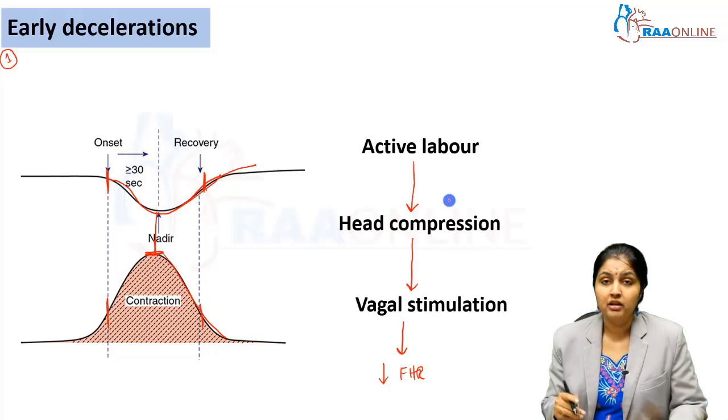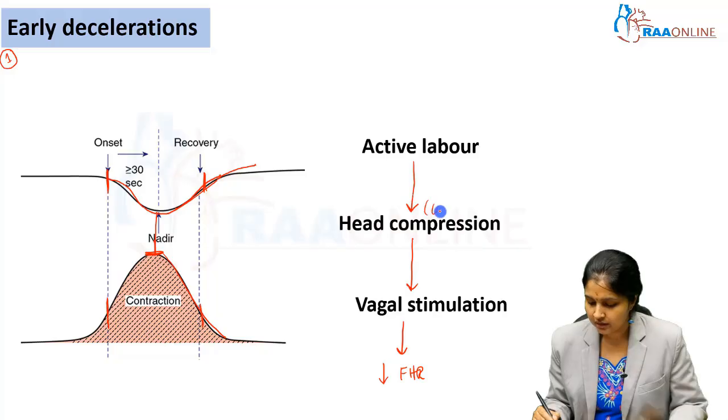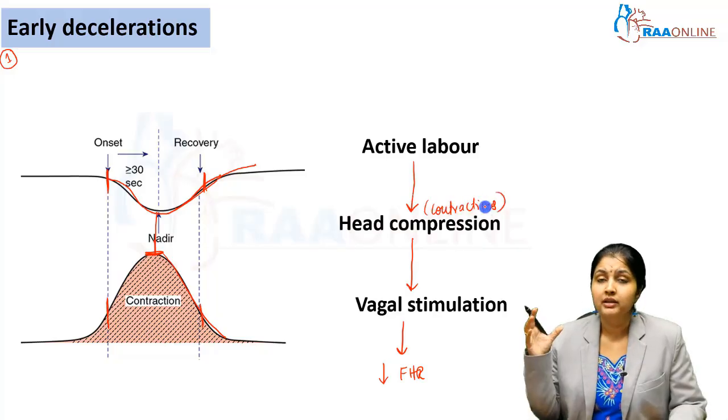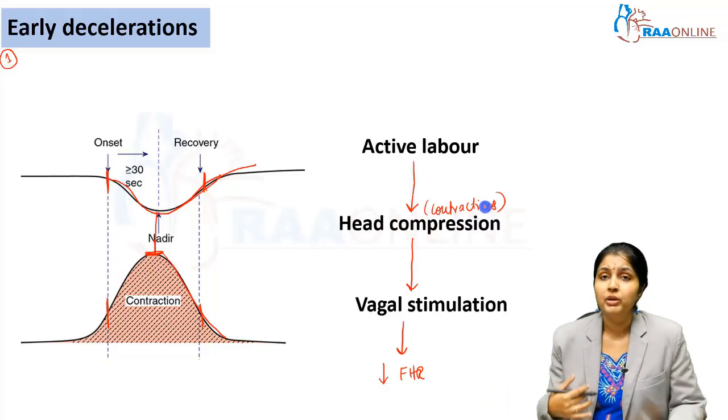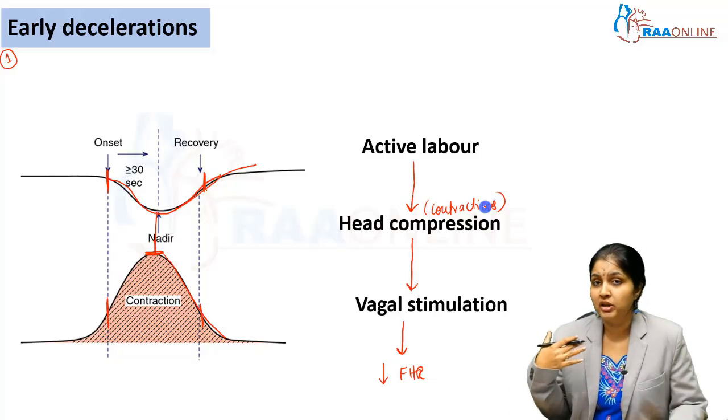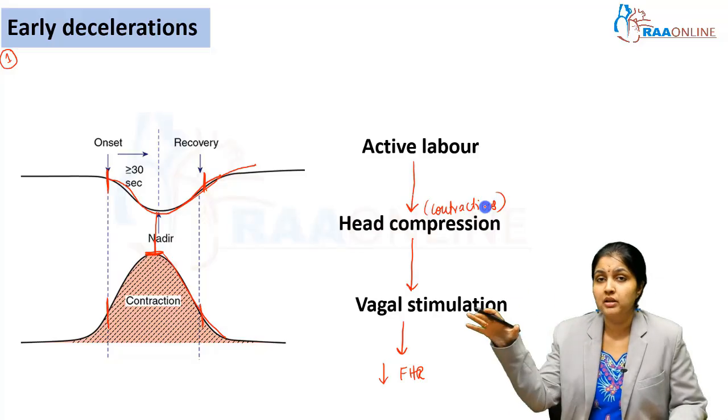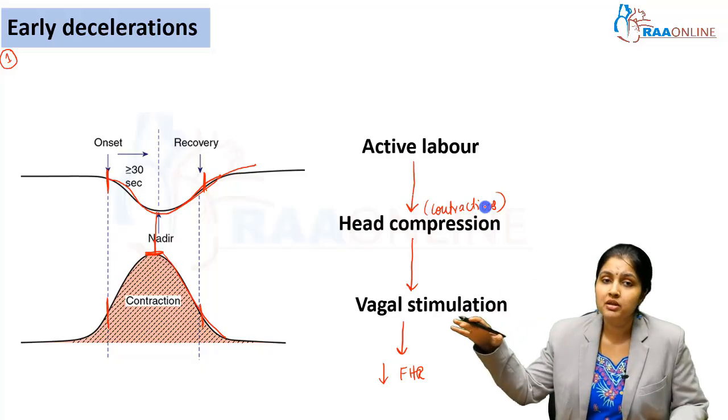So we know that head compression will occur only during contractions. During contractions, because the fetus is pushed down, there will be head compression, there will be vagal stimulation, and a drop in FHR. When the contraction is relieved, again there is no head compression and the vagal stimulation will be cut off. So the baseline fetal heart rate will come back to its normal.